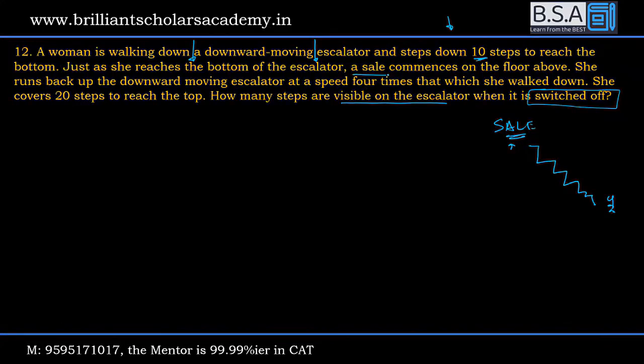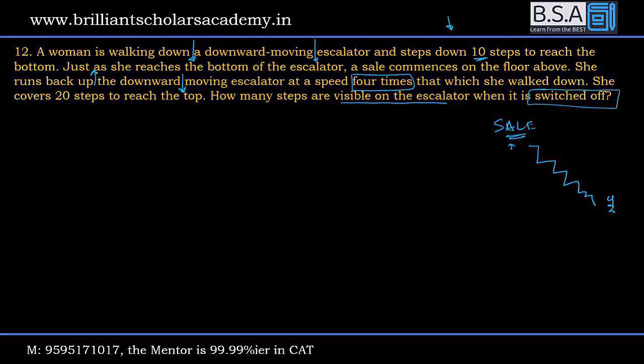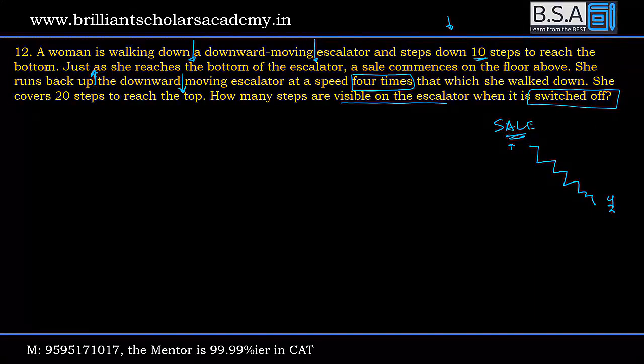At 4 times the speed. The escalator is still moving down. The woman is running up. Please pay attention to this. And this time she completes the journey in 20 steps. How many steps are visible when the escalator is switched off?